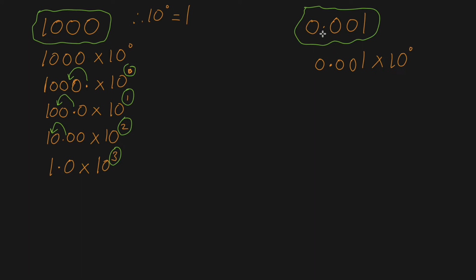So again, doing this in a sequential manner, shifting. So we have 0.01 times 10's power minus 1. Again shifting the decimal, we have 0.1 multiplied by 10's power minus 2.